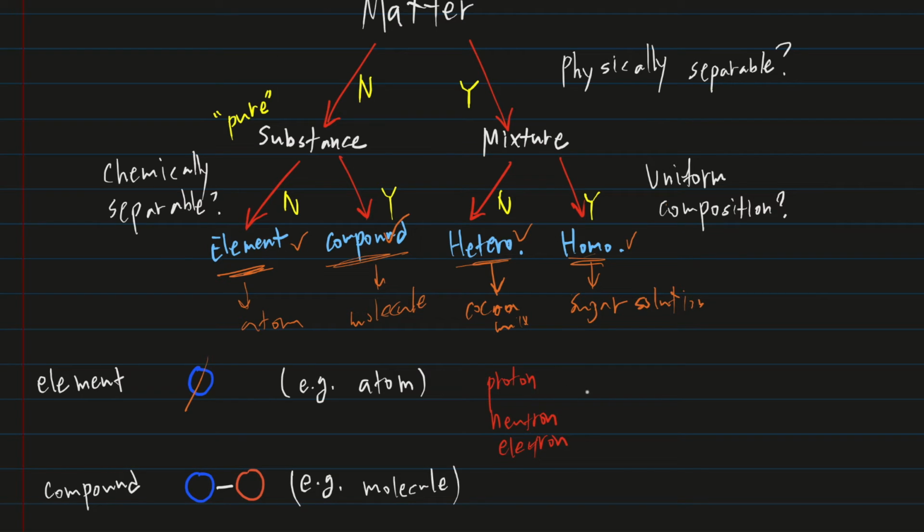These three subatomic particles make up the element but are smaller than the atom. And even these particles, especially proton and neutron, can be separated into smaller particles called quarks.